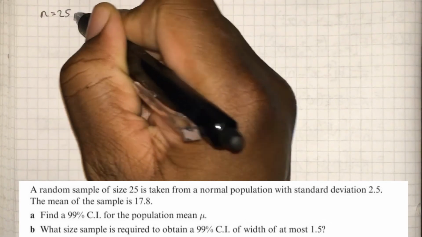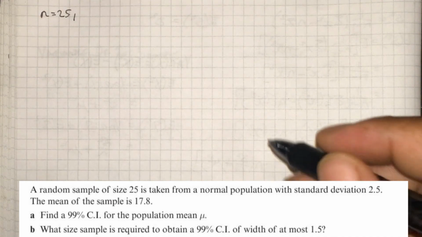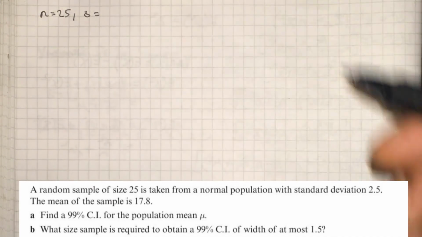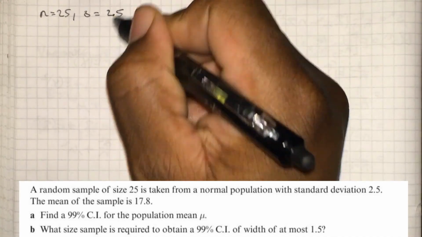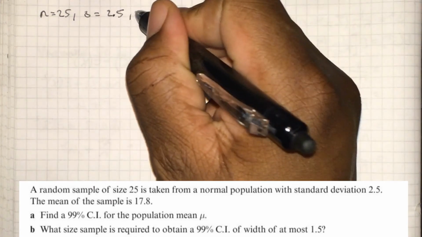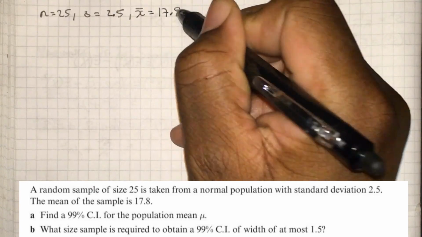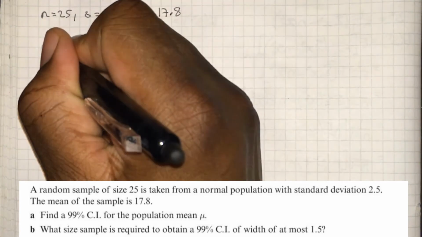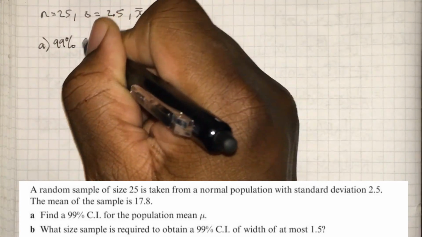So I'm just going to summarize the information from the question. A random sample of size 25, so n equals 25, is taken from a normal population with standard deviation 2.5 and a mean of 17.8. So that's sigma of 2.5 and x bar 17.8.